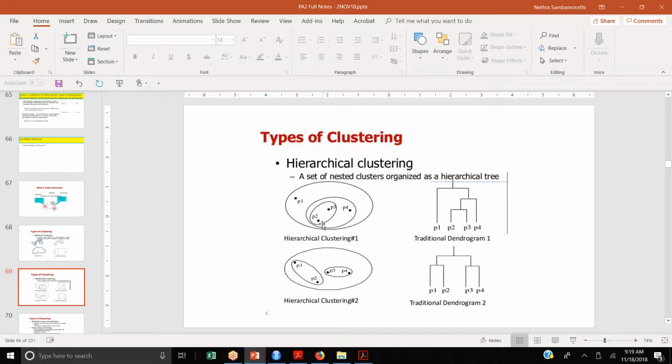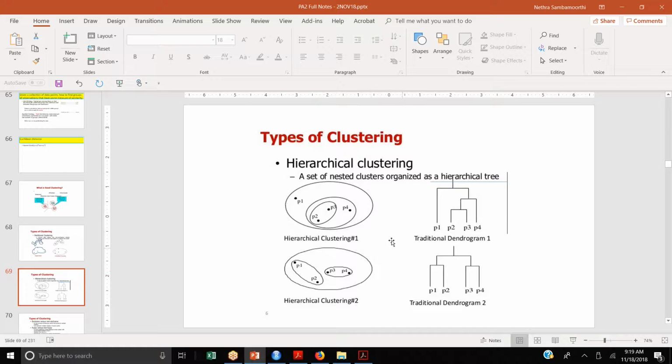So we want to see, because how close two observations are is fundamental to understanding the clustering. The problem can be solved if you say that I will keep on looking for the observations which are at the closest distance, and then the next distance, and then the next distance, and so on.